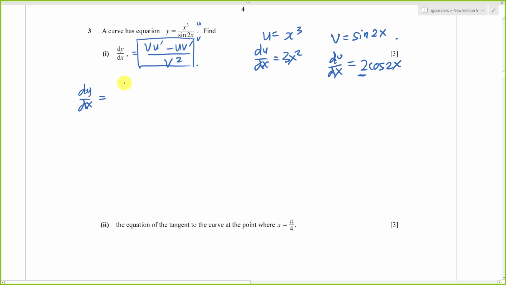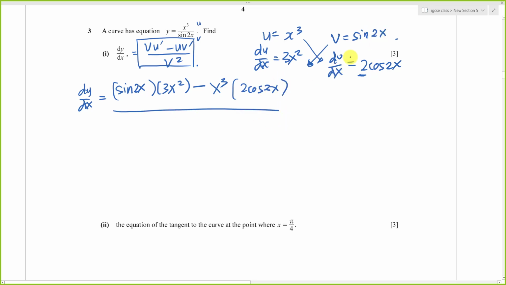I will copy my v first, which is sine 2x, and then multiply by the differentiation of u, which is 3x squared, minus I copy the u, which is x cubed, and then multiply the dv dx, which is 2 cos 2x, over v squared, which is sine squared 2x.